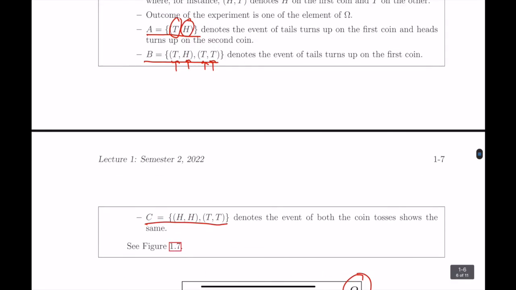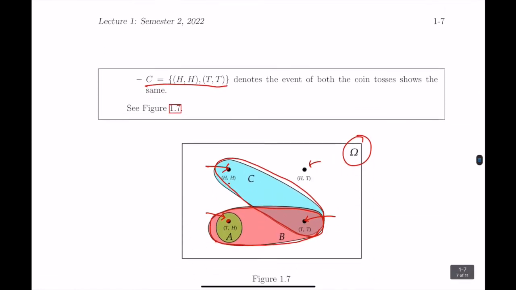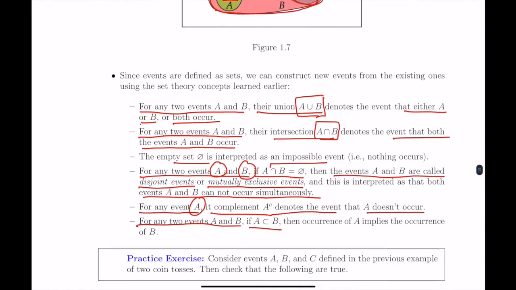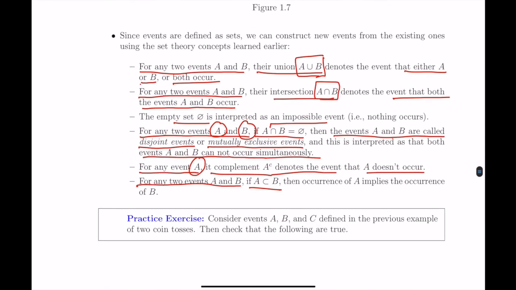The set B is essentially saying that I don't care what is the result on second coin toss. I want first coin toss to have tails on it. So if A occurs, which is tail occurring on the first coin and head occurring on the second coin, as you can see, then automatically B is satisfied. That's why A implies occurrence of the event B.